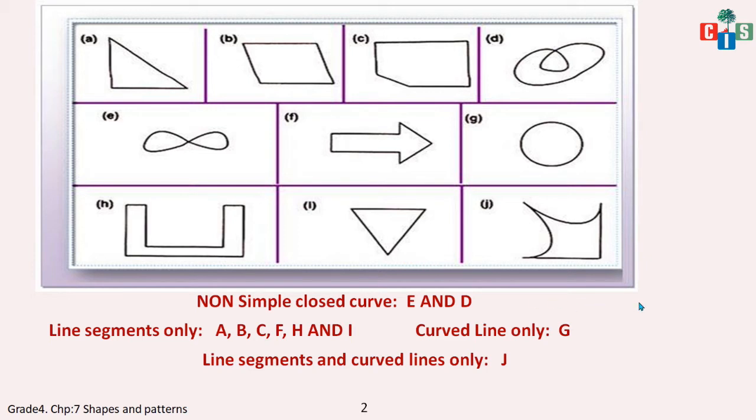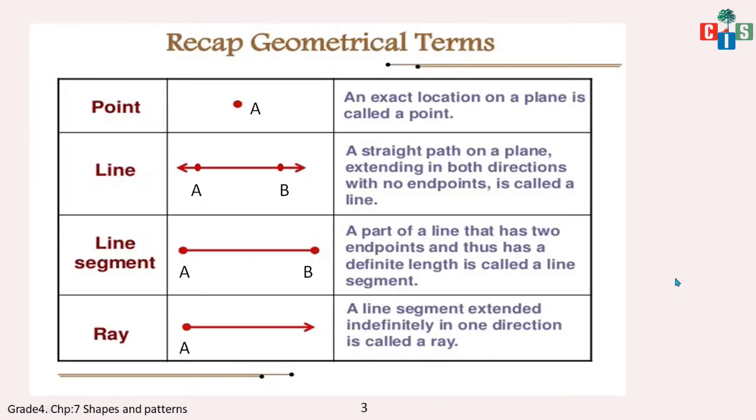Then we saw certain important geometrical terms, that is point. Now what is a point? It is an exact location on a surface, and it is known as point A. Many points in a line will give you a line segment. A line segment is a part of a line that has 2 endpoints and has a definite length, so you can measure it.